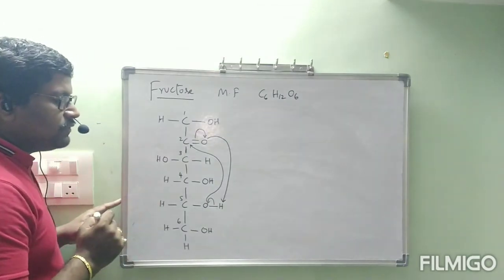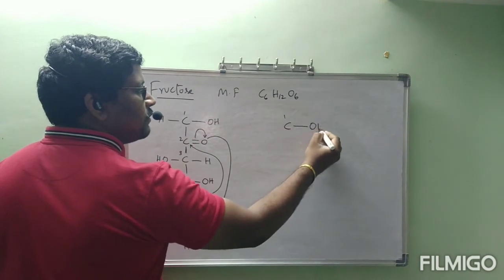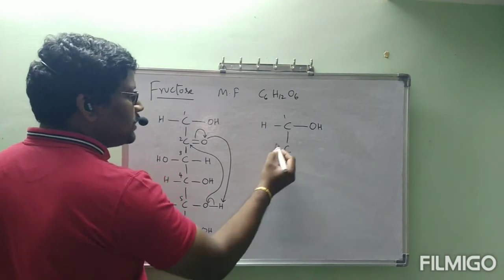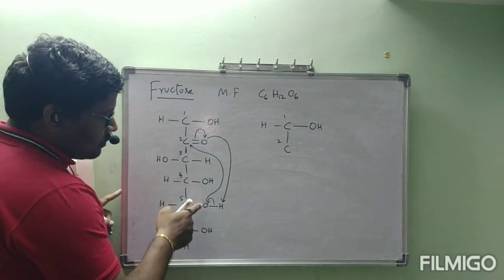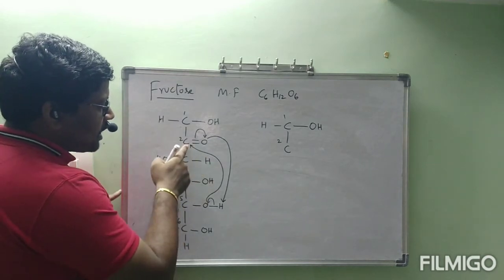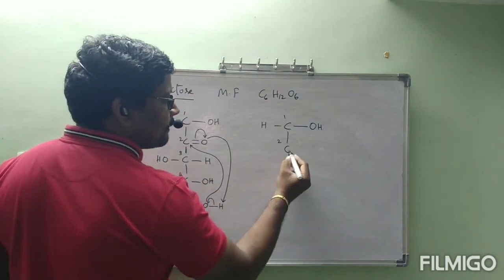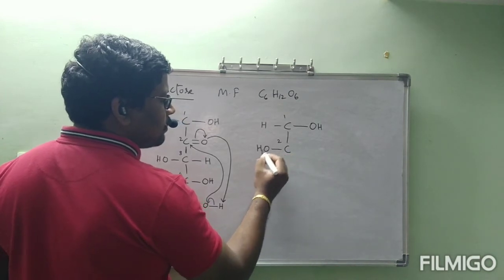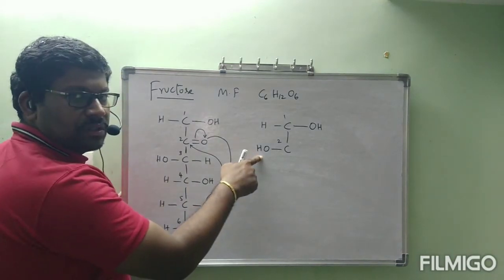Okay, and the structure of this fructose will become: C1 as it remains the same, OH on right side, H on left side. Next C2, this O is going to be bonded with carbon, and here we are getting OH. See, this O is going to attack this H. I am going to write it as OH.